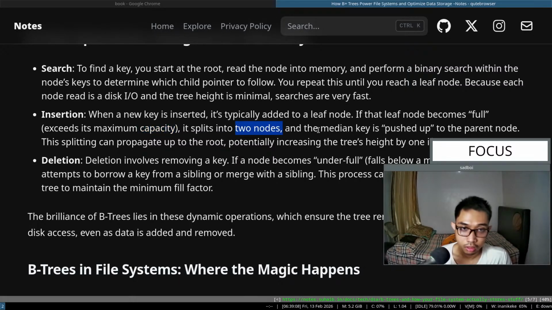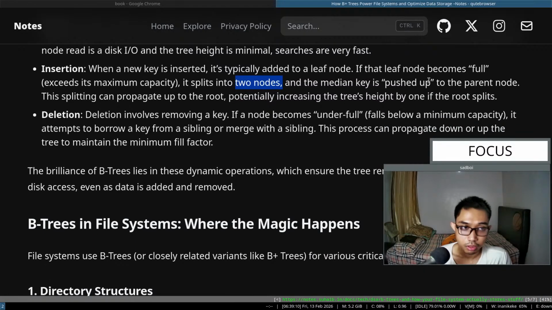And the median key is pushed up to the parent node. The splitting can propagate up to the root, potentially increasing the tree's height by 1 if the root splits.